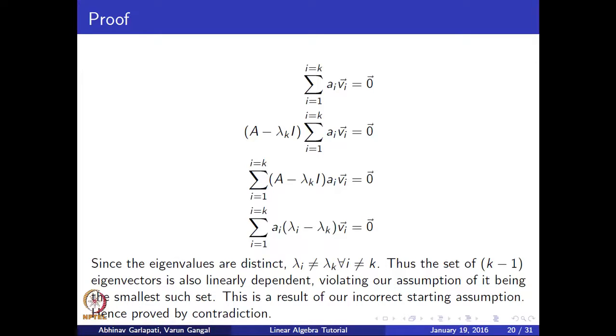However, now we have an even smaller set. This contradicts our starting assumption. Hence, such a set of k linearly dependent eigenvectors can't exist for any k greater than or equal to 2. Hence, all our eigenvectors are linearly independent. Hence, our theorem stands proved.